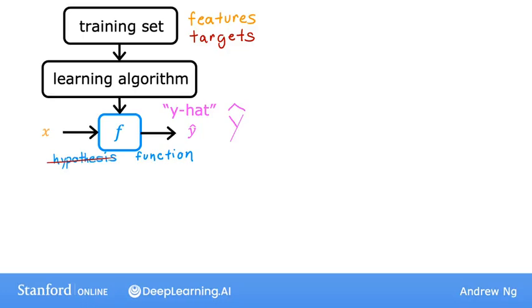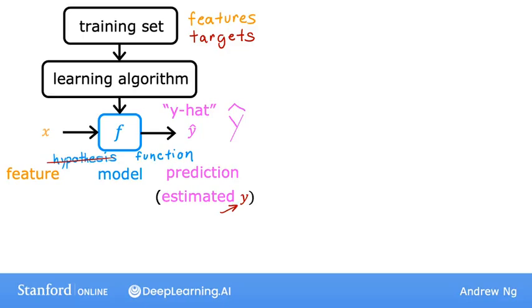The function f is called the model. X is called the input or the input feature, and the output of the model is the prediction y hat. The model's prediction is the estimated value of y. When the symbol is just the letter y, then that refers to the target, which is the actual true value in the training set.